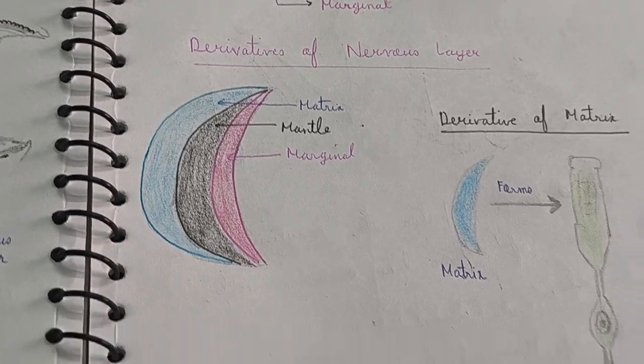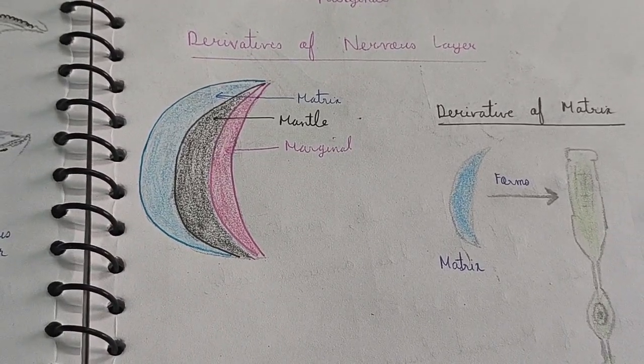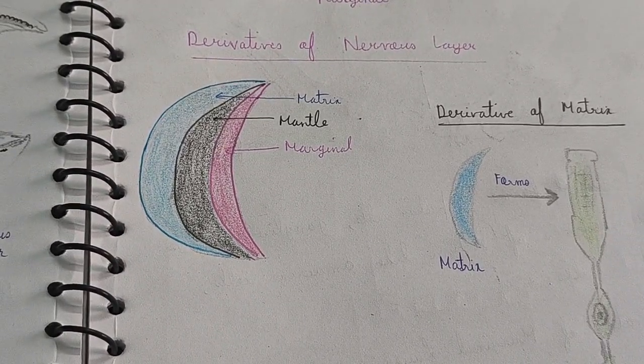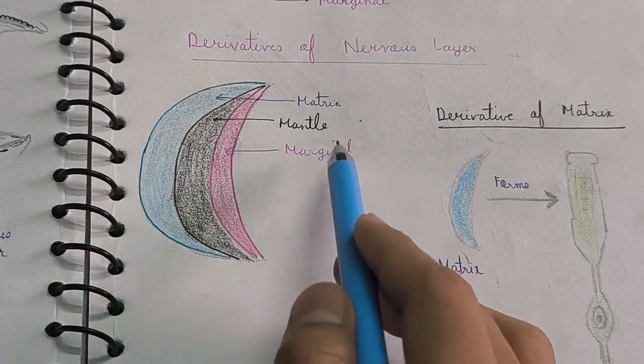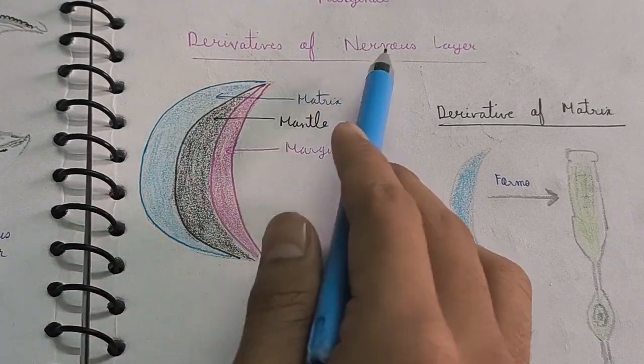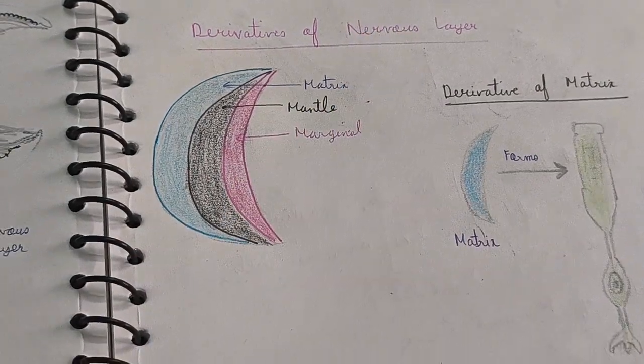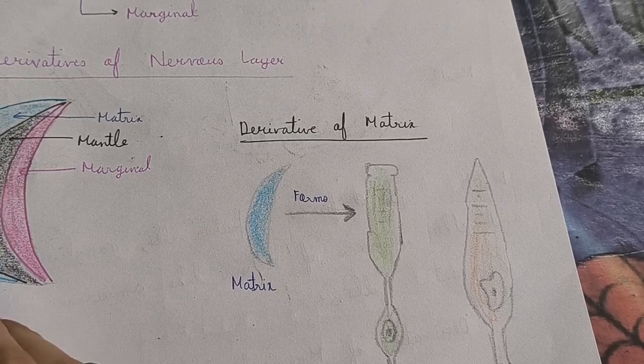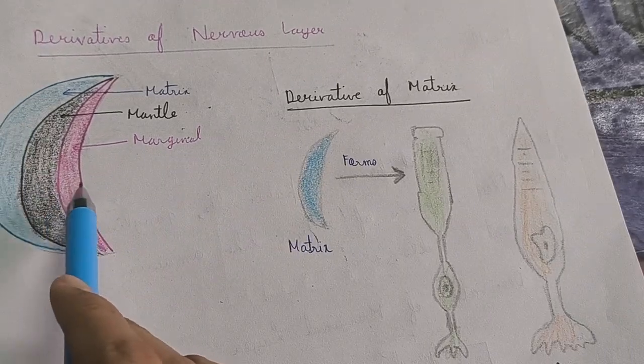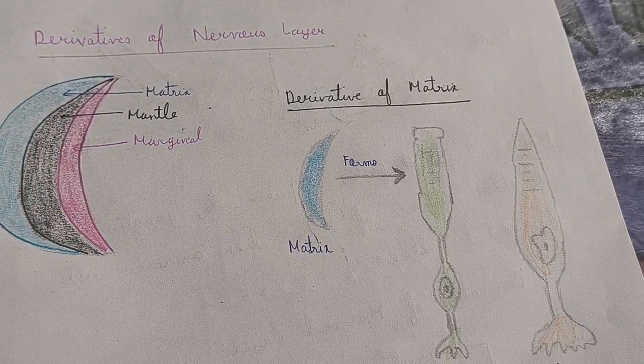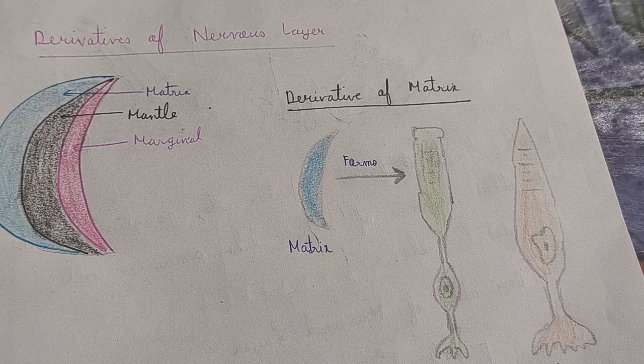Now here I want to discuss the derivatives of each of these parts. So, derivatives of the nervous layer: matrix, mantle and marginal are the different divisions of the nervous layer.